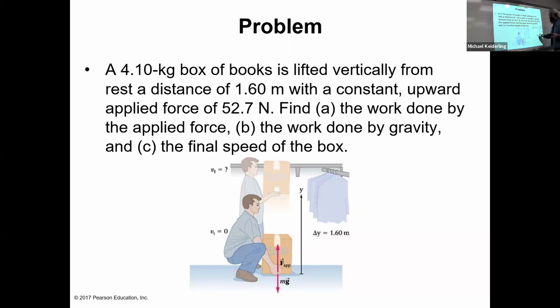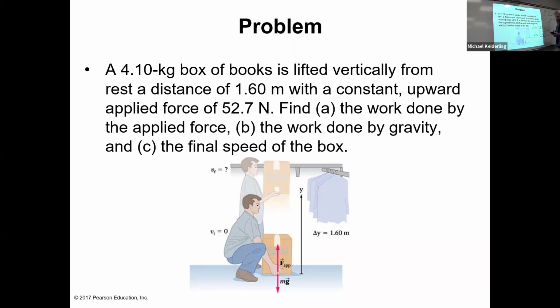Then let's do the work done by gravity. That's the force of gravity times distance times the cosine of the angle between them. Force of gravity is mg, so that's 4.10 kilograms times g, 9.80 meters per second squared, times 1.6 meters times the cosine of 180 degrees, because gravity and the distance are in opposite directions.